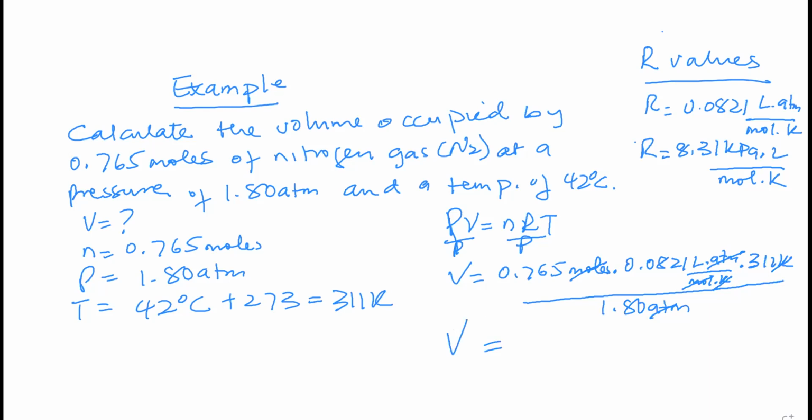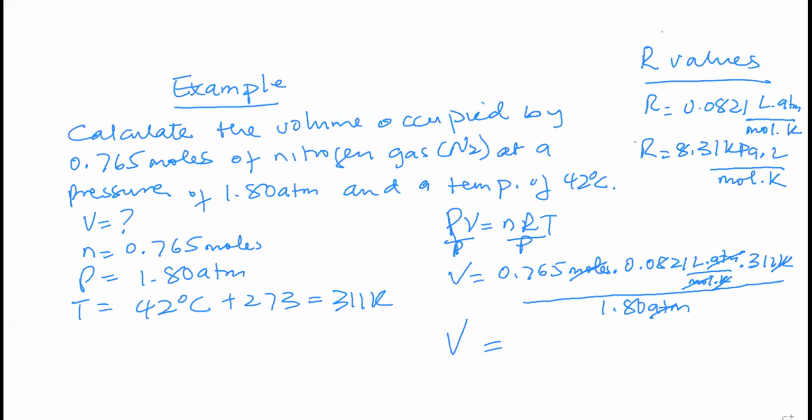So we use the calculator to find out. Okay, the temperature is not 311, it's 315. Okay, make that correction, 315. So this is 42 plus 273 is 315. I don't know how I got 311.